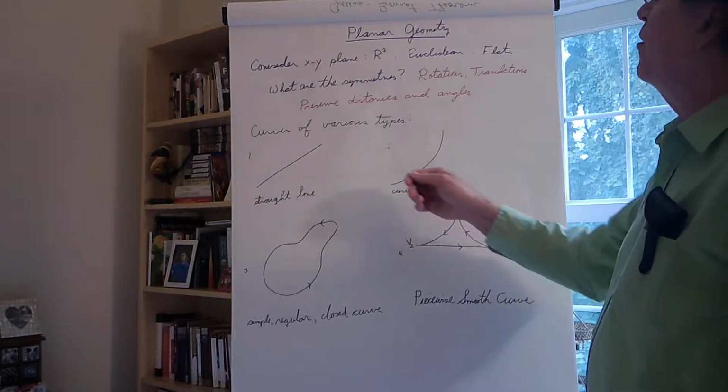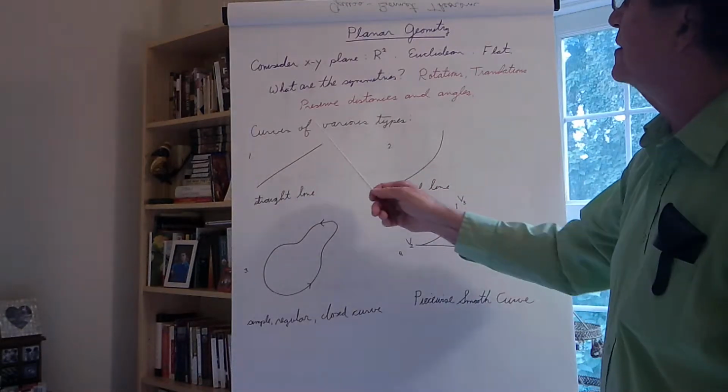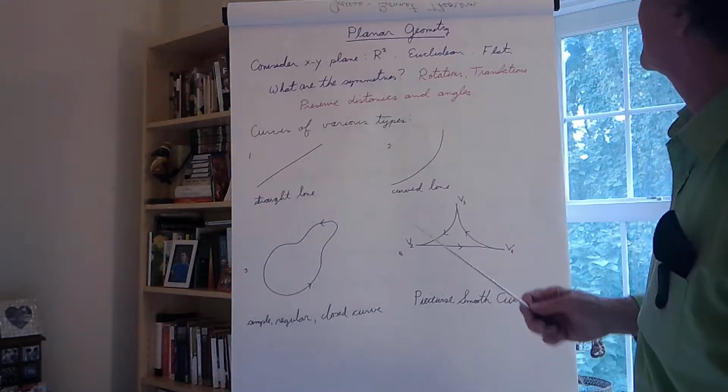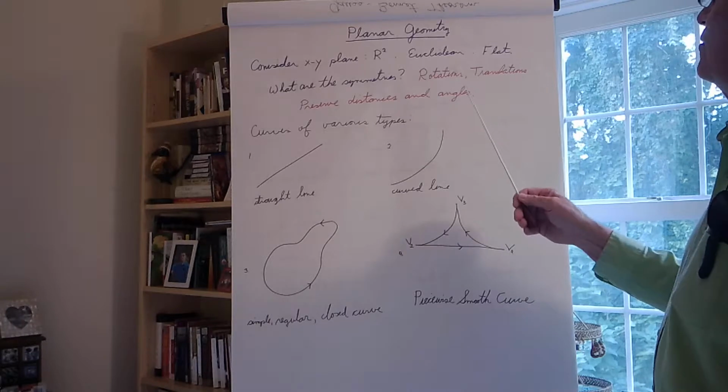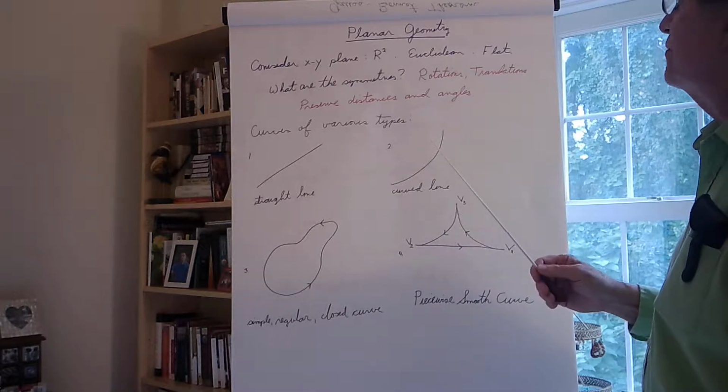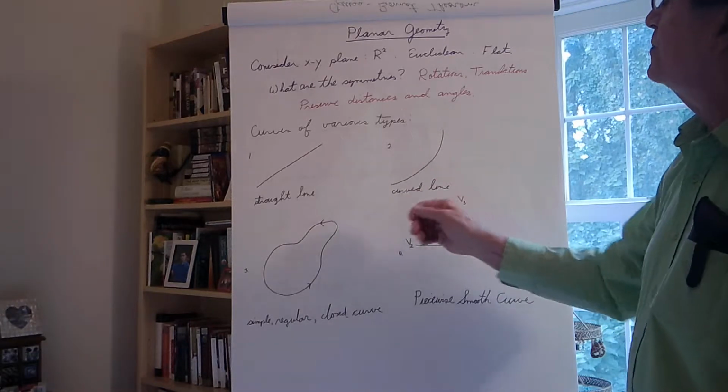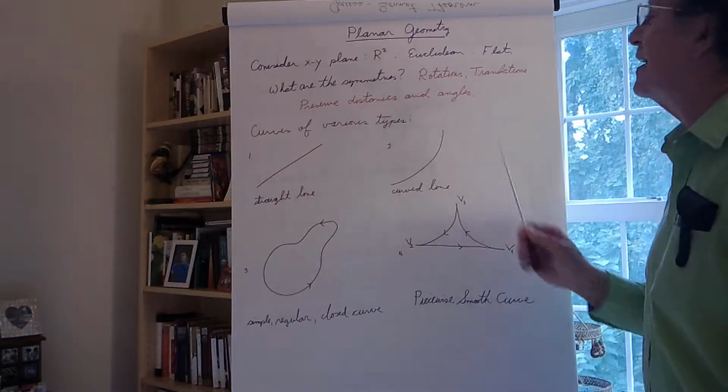The first thing we want to know when we're facing a new space, however, is to ask, what are the symmetries of that space? Well, we know the symmetries of good old xy plane. There are rotations and translations, for example. And these are symmetries because they preserve distances and angles.